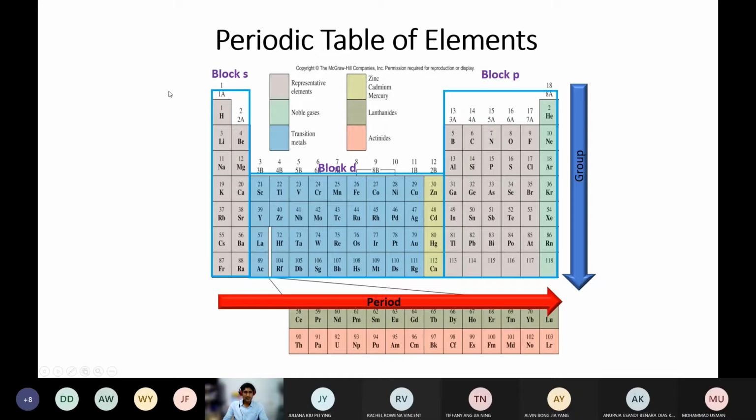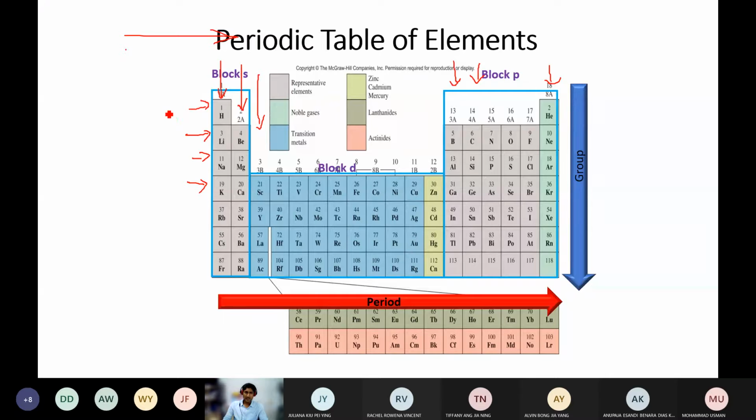Before that, once again, these are the groups: group 1, group 2, group 3, and so on, group 13, 14, in this way to group 18. So the group number increases this way, and this is period 1, period 2, period 3, period 4, right?